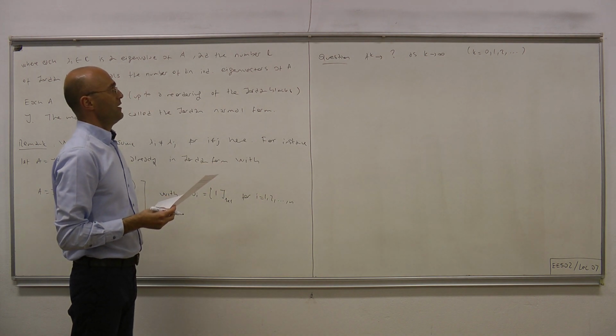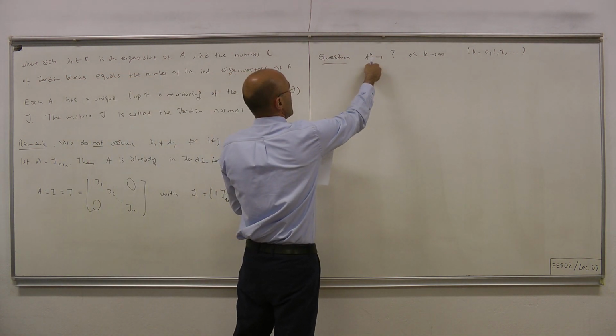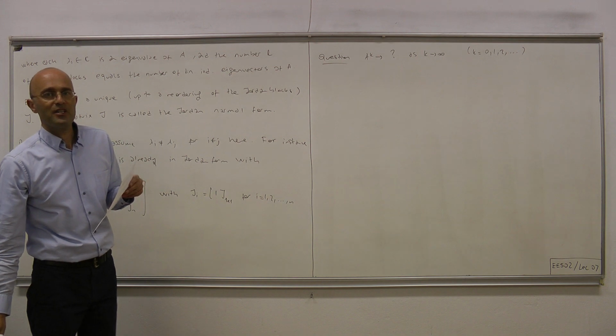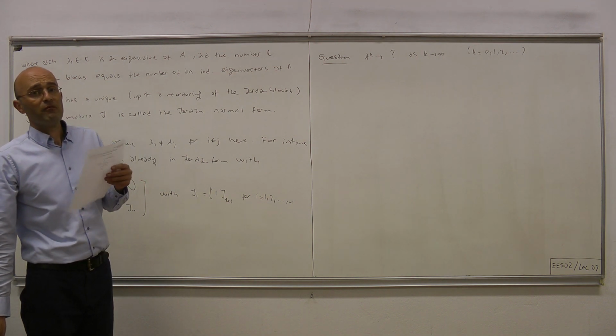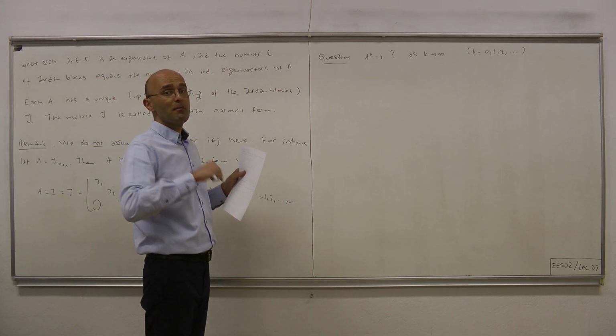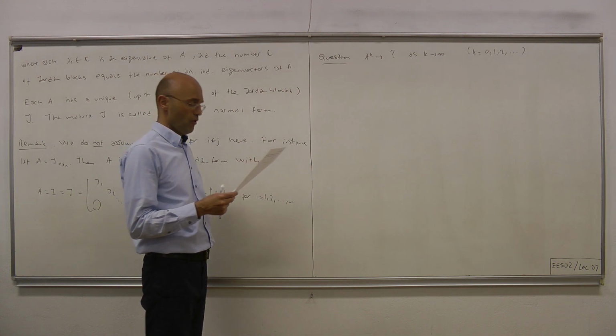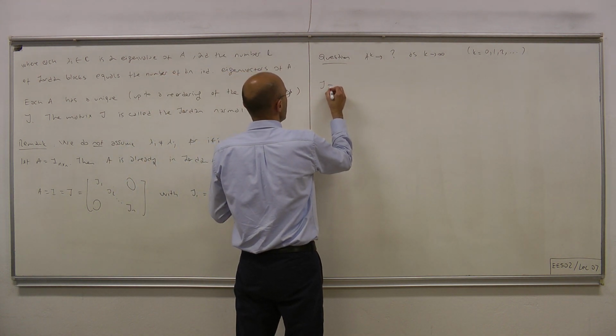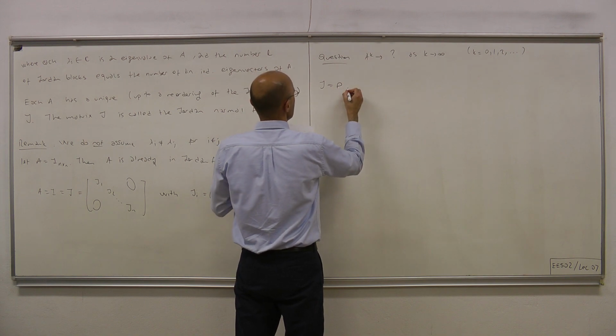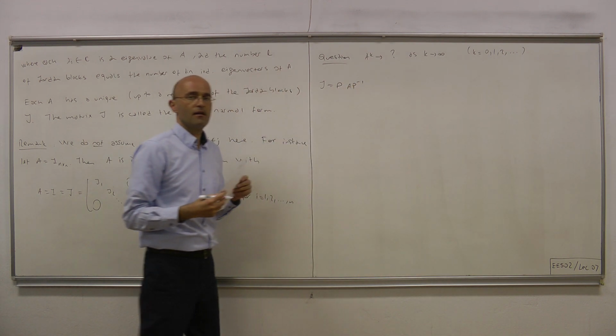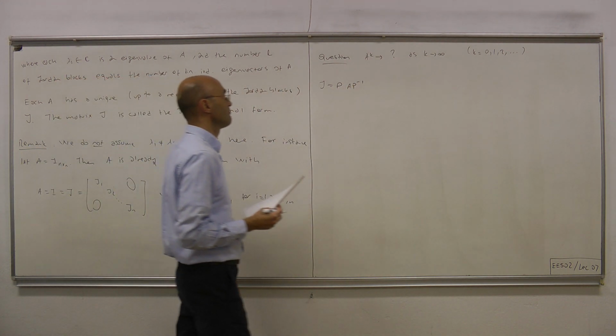Now, one nice thing about these powers is that they can be easily represented by the powers of the Jordan form. We know that J equals P A P inverse.